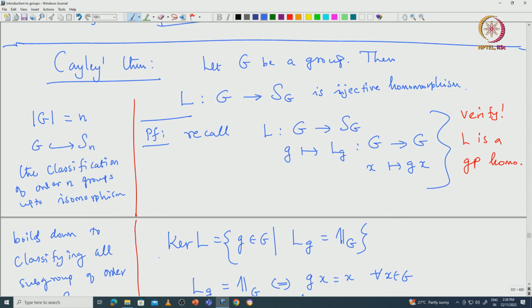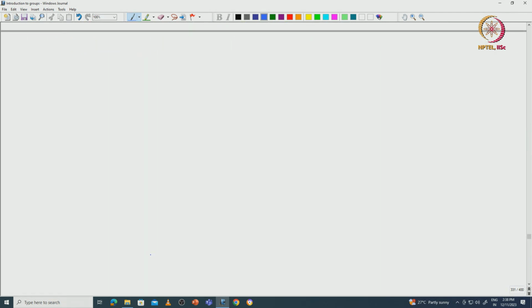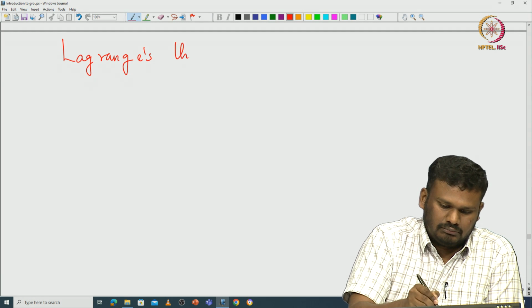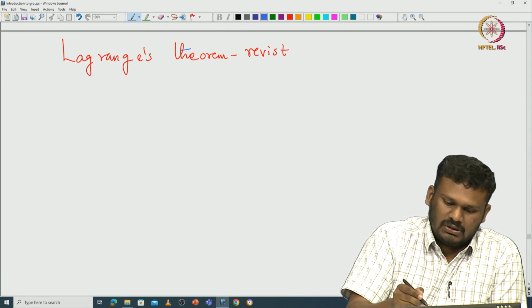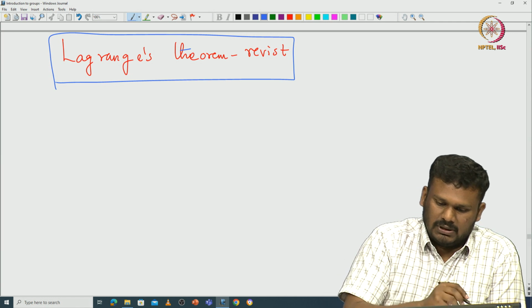So, we can also reprove Lagrange's theorem, okay. So, let us revisit and then prove it using group action. So, here is Lagrange's theorem. We already proved it, but now we are proving this using group action. So, what is the theorem?